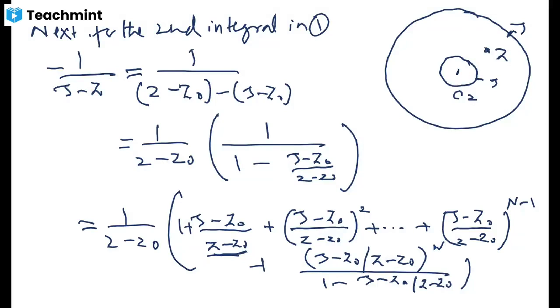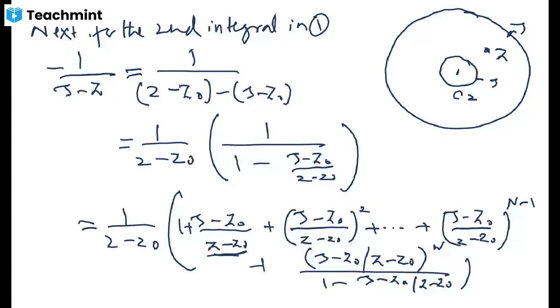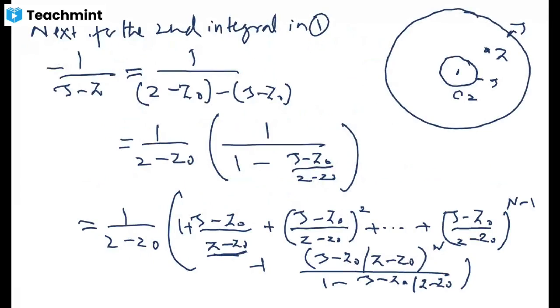In the power you have zeta minus z naught power n minus 1, d zeta, and the last expression, whatever it is, let me denote it by qn of zeta.